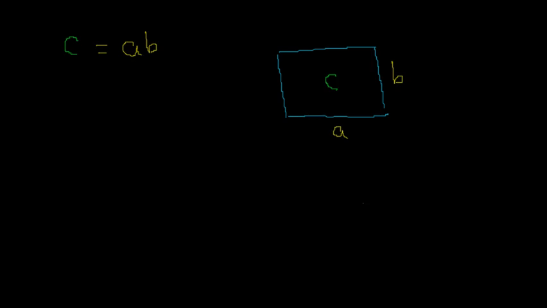Now suppose that this is a piece of paper and I measure the length and the width of the paper. Each of these measurements would have a certain error, maybe plus or minus 0.5, depending on what kind of ruler I use. Each of these will have an error.